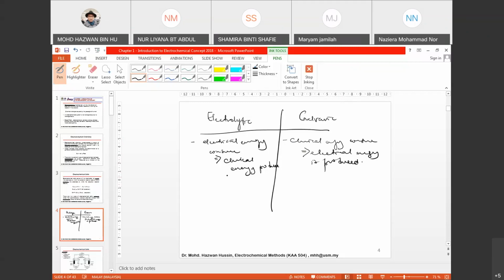Okay, right. So for the examples of electrolytic process, you can see the electrolysis of water.